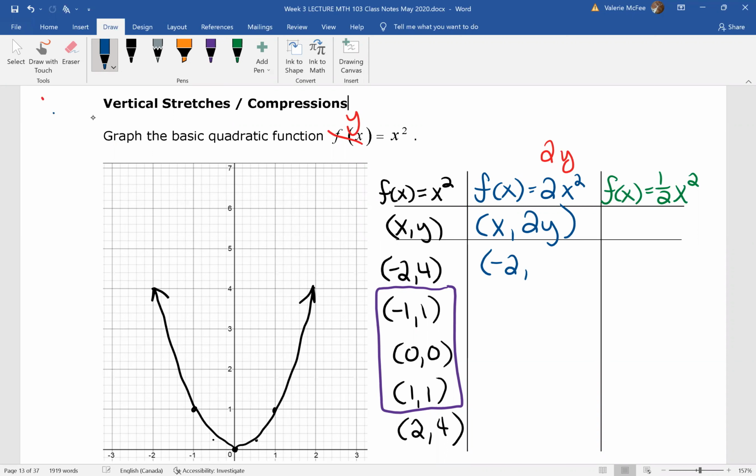X is staying the same, multiply by 2. Why don't you graph those ordered pairs?